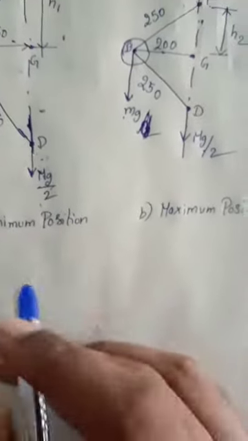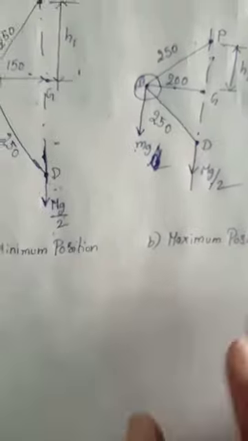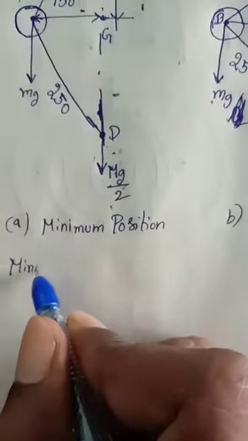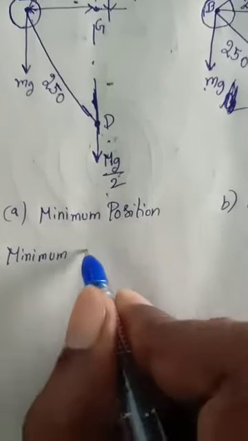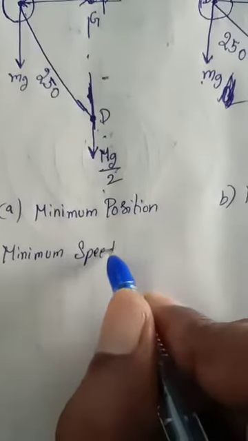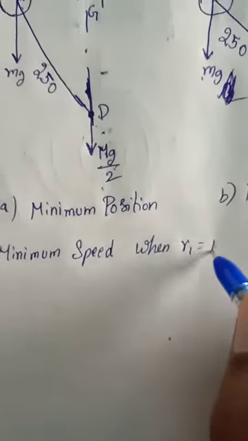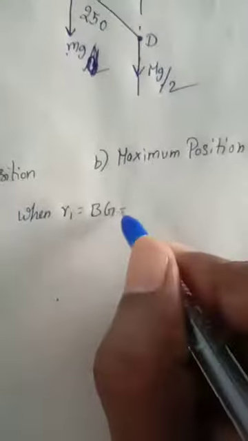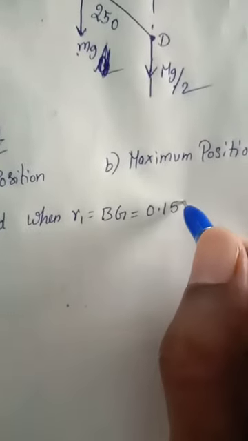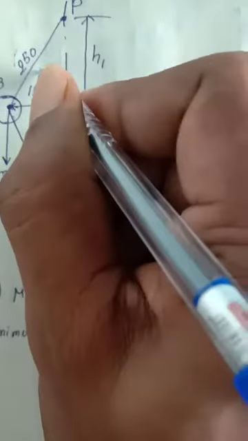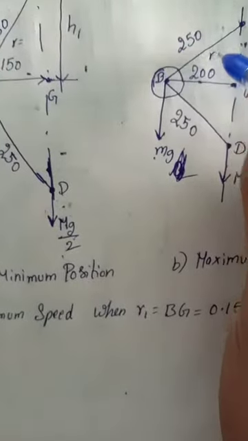Okay, so now we are going to see the minimum speed. The minimum speed is when R1 is equal to BG, that is equal to 0.15 meter. BG is called R1, and this is called R2.